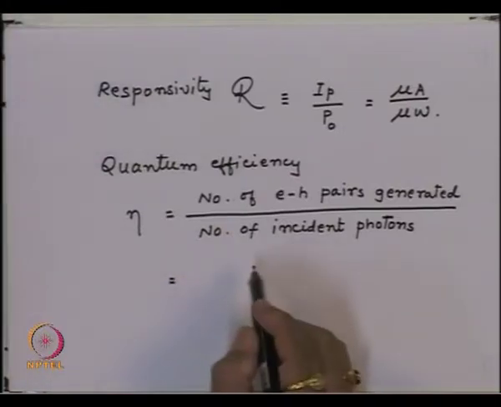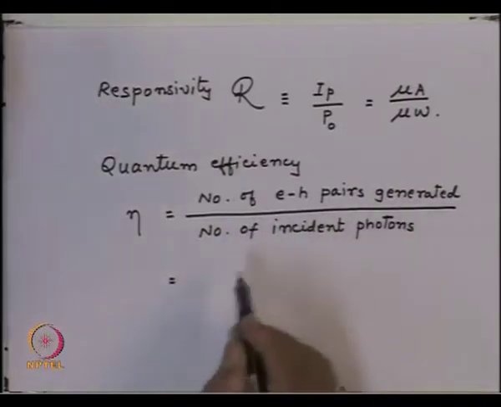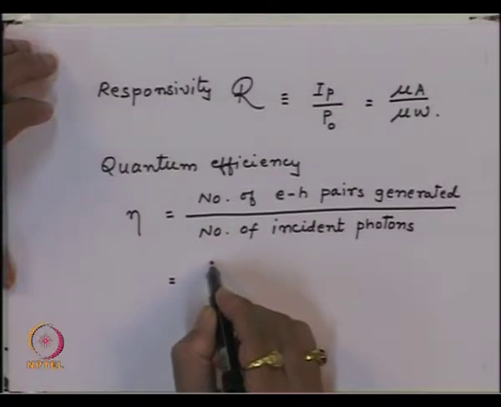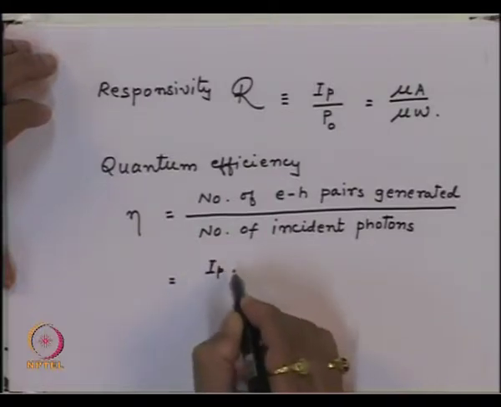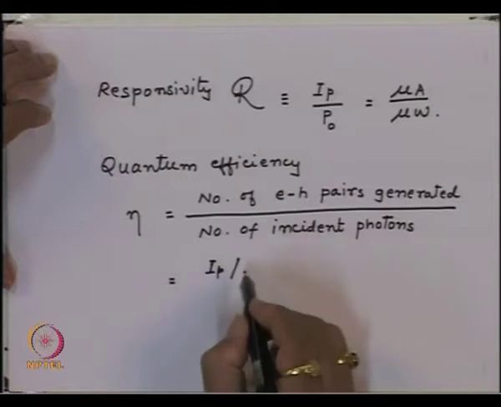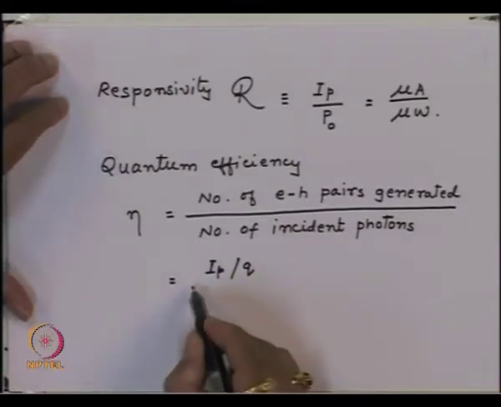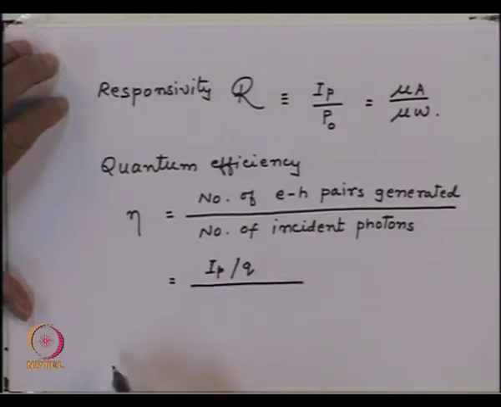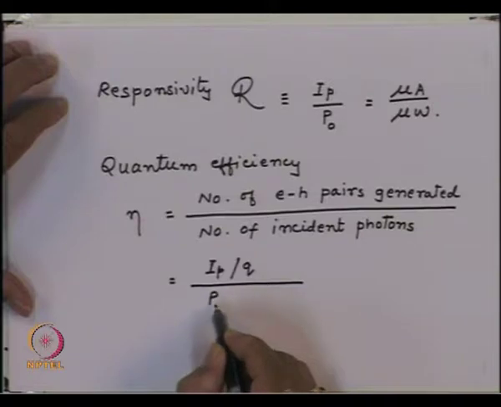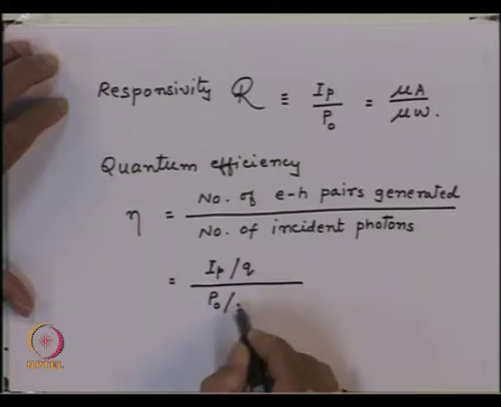So, the number of electron hole pairs generated per second is nothing but the photocurrent divided by the charge of the carrier, divided by the total number of photons incident, which is P naught divided by h into f.